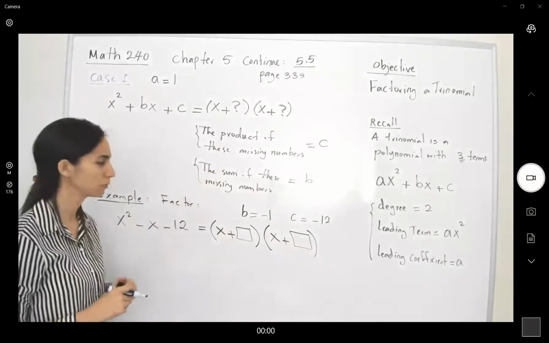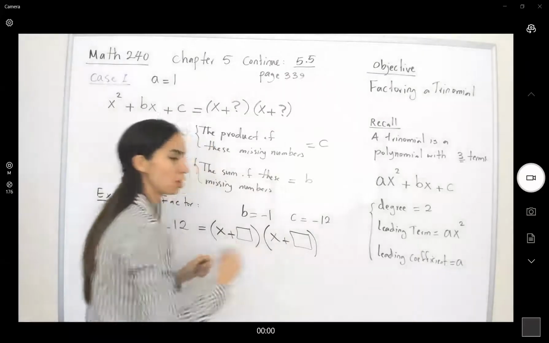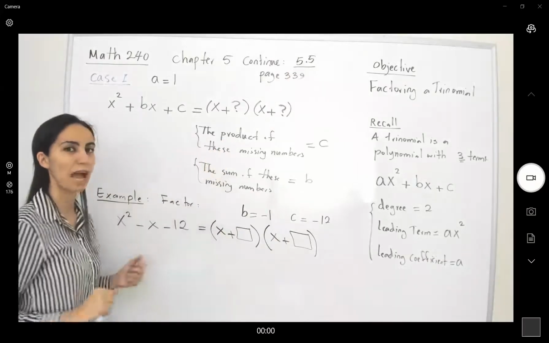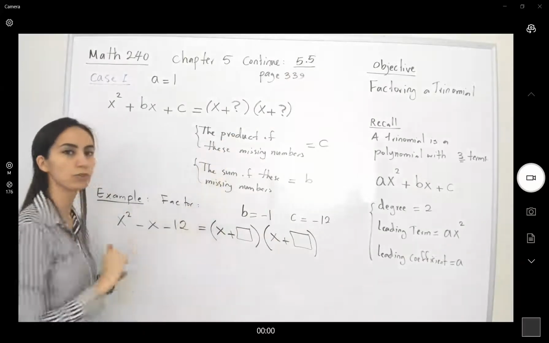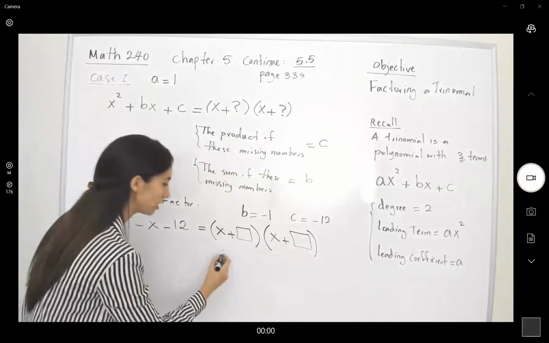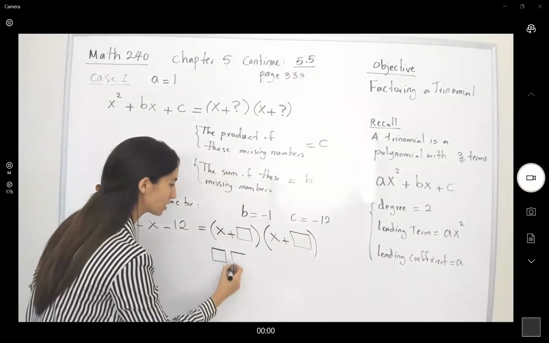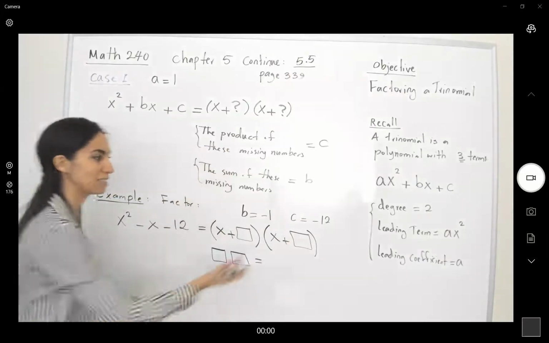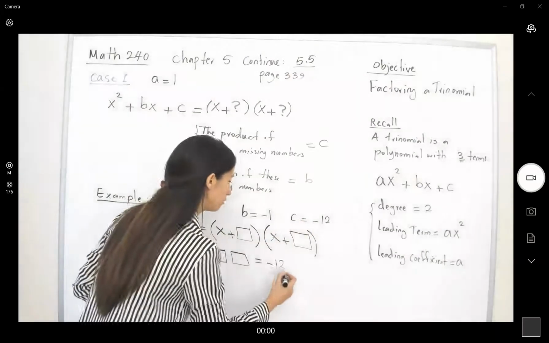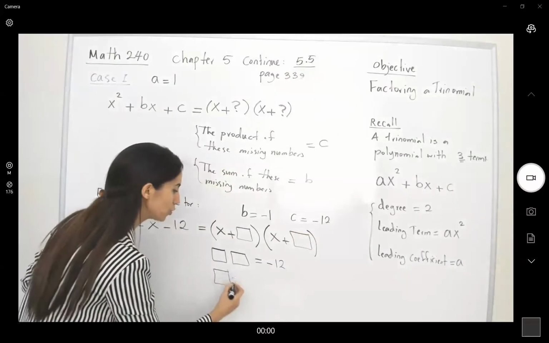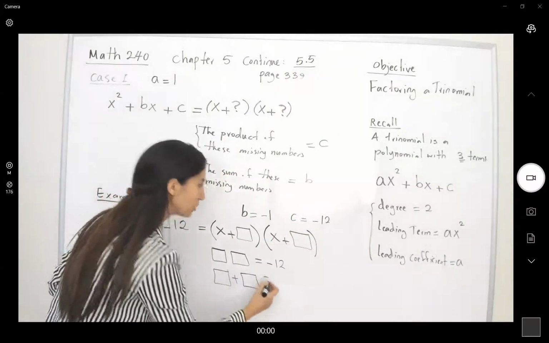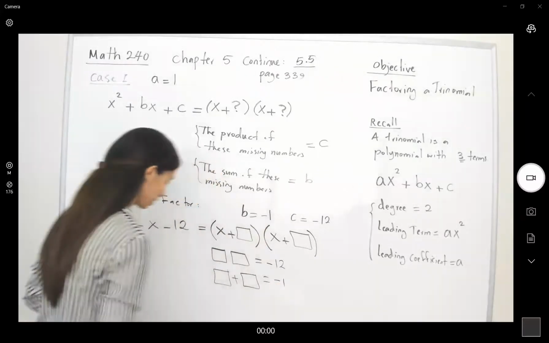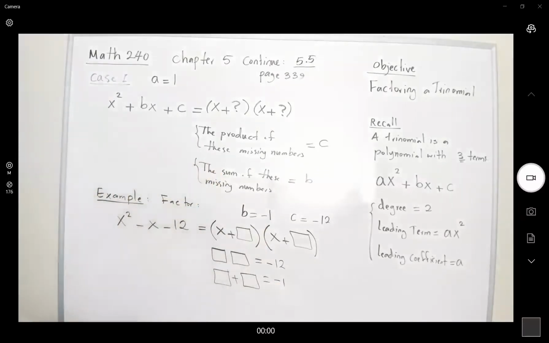The multiplication of these two numbers is equal to c, and their sum is equal to b. So the first box times the second box is equal to c. What is c? C is -12. And if you add these two boxes, the outcome is equal to -1. So we're looking for these two missing numbers.